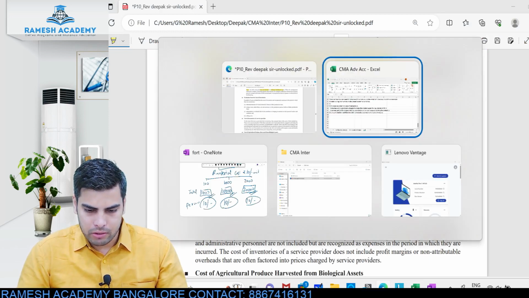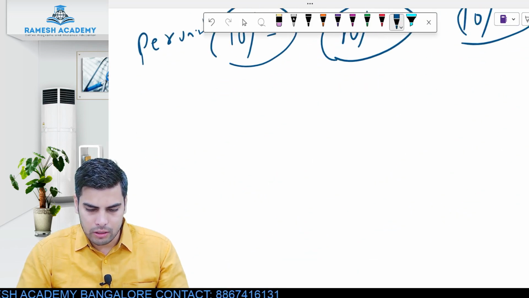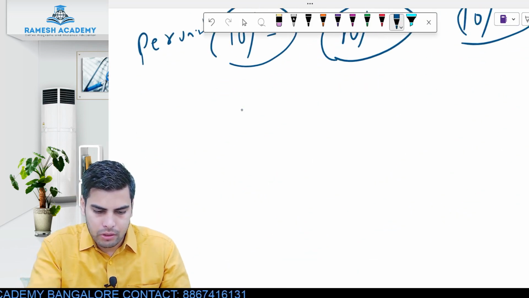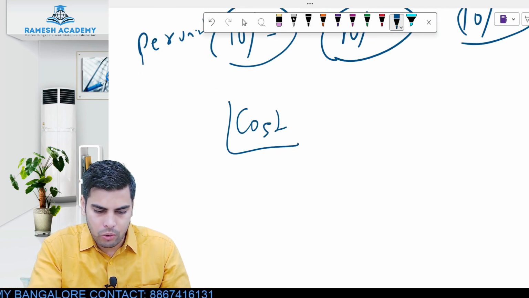So these are the three things which will be included in the inventory. Very simple thing. When I say cost, it will be including three things.